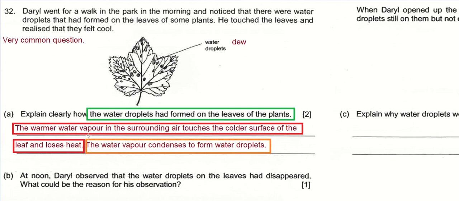You have the claim, the evidence, the reason. Where's the compare? The compare is really the word warmer. I'm going to use a clearer color. This is the compare: warmer water vapor touches the colder surface. So you can see that in the answer there is CCER, and that will give you full marks.